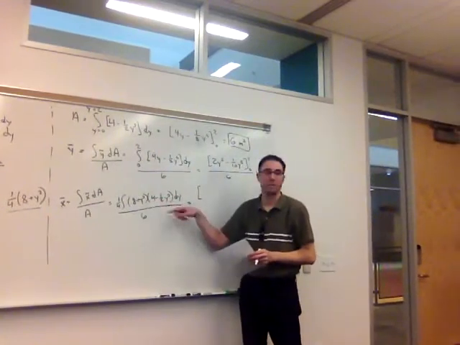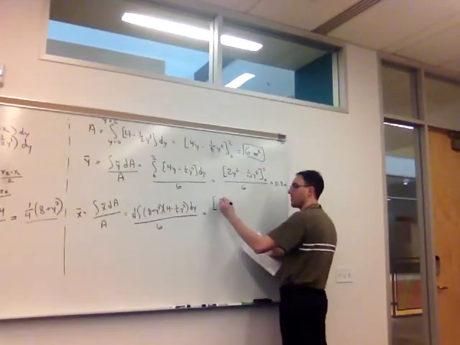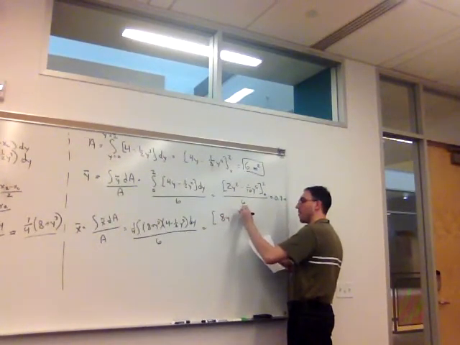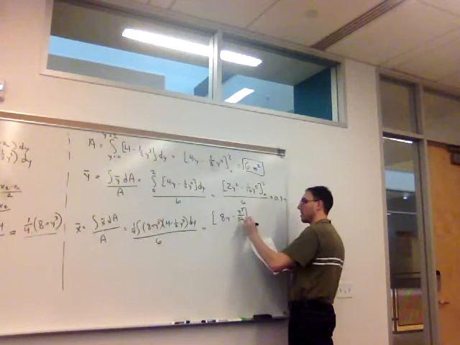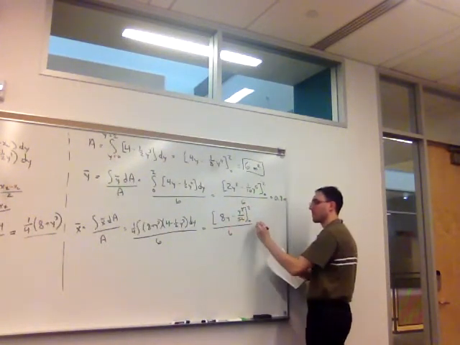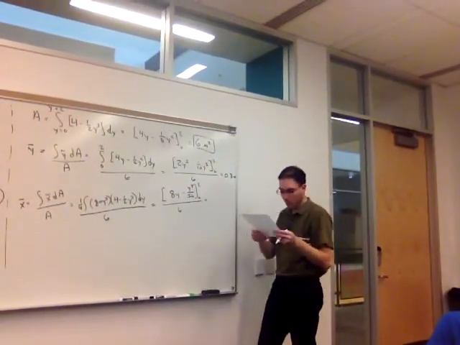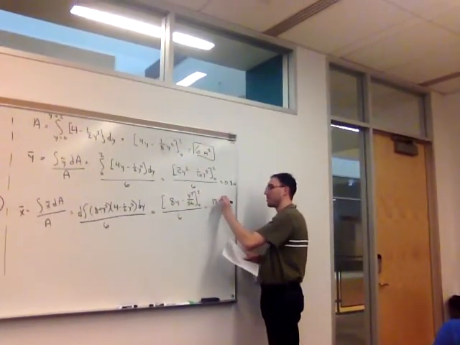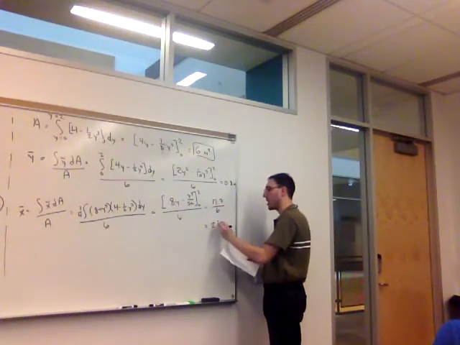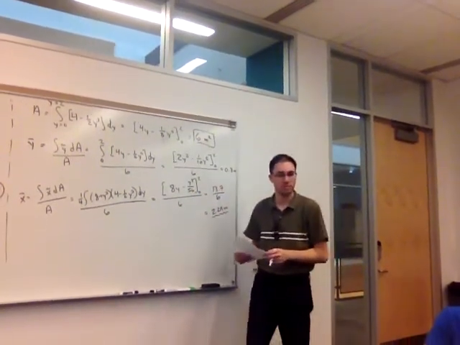You can FOIL this out. It's still a polynomial, but it works out that the antiderivative is 8y minus y to the 7th over 56. Evaluating it at y equals 2 and at y equals 0, we get 13.7 for the numerator over 6. So 2.29 meters is the x bar location.